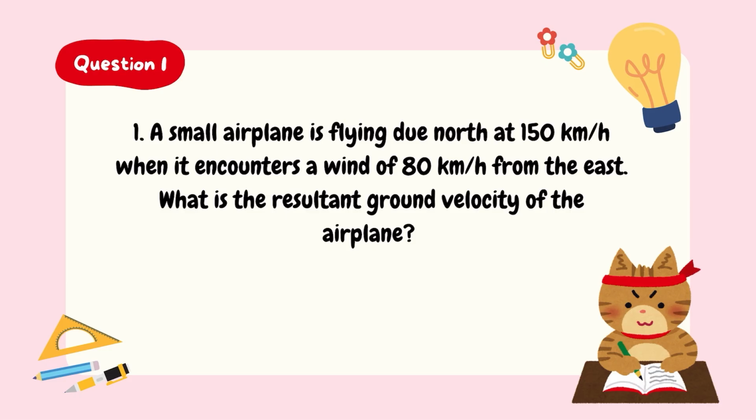Let's say the airplane's velocity is vector a, and the wind velocity is vector b. So we have to add vector a and vector b to get the observed velocity from the ground, which is a new vector.